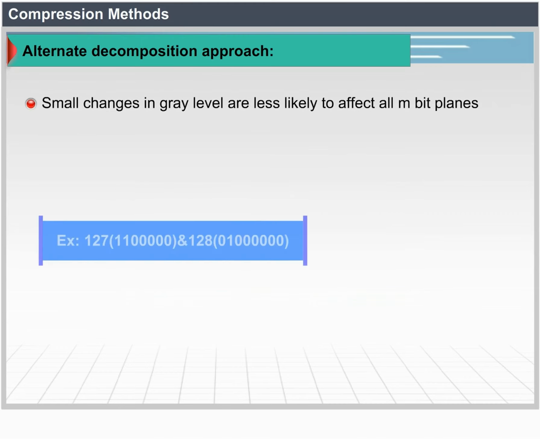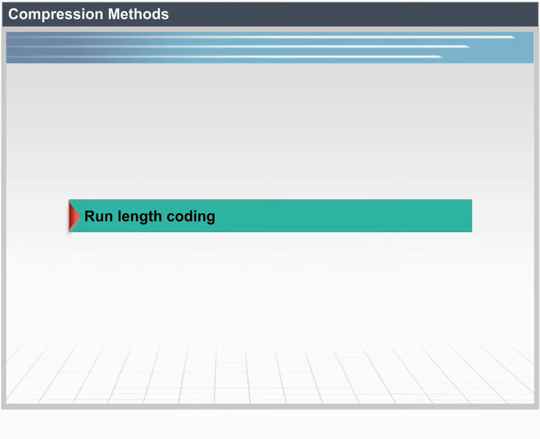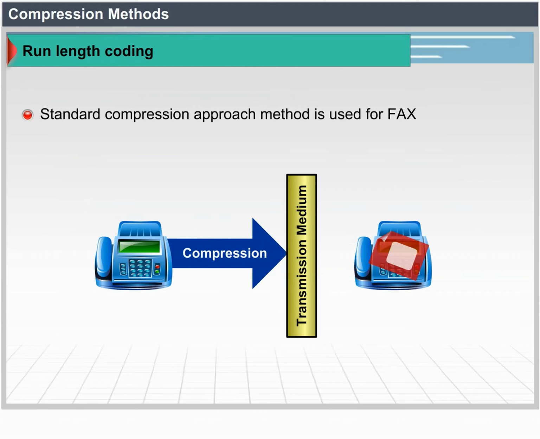Small changes in gray level are less likely to affect all m bit planes. Example: 127, 11000000 and 128, 01000000.